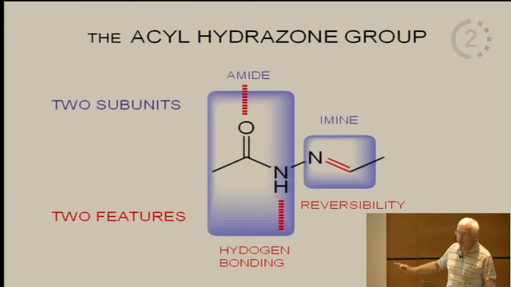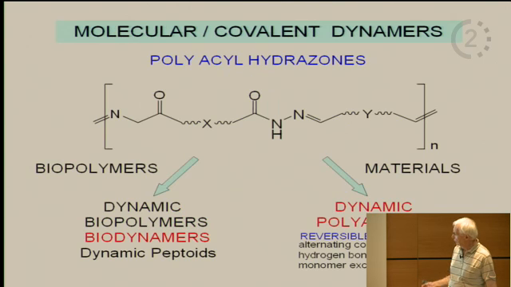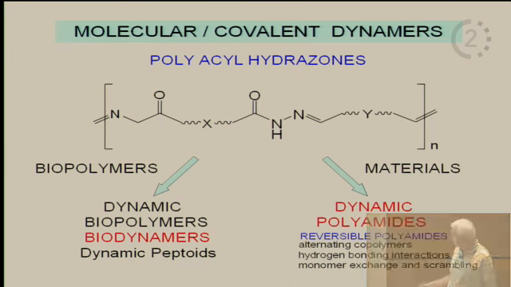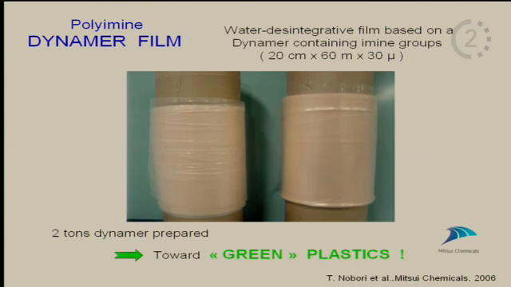We have developed a lot of this work together with Mitsui Chemicals. Co-workers from Mitsui Chemicals in Japan came to my group. They developed the basics, and then they tried to apply it. I will not tell you much about that, but I want to show you what it's good for. As I said, this is like a peptide bond, so you can think of dynamic proteins, and this is a dynamic polyamide. You can think of dynamic nylon and things like that.